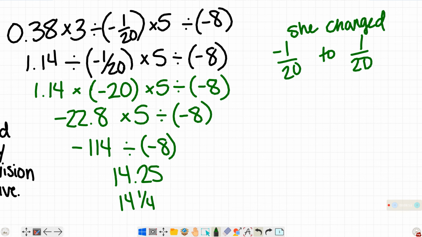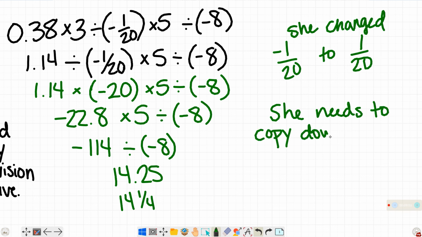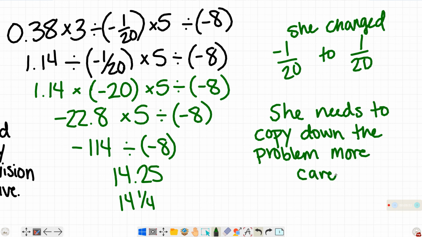And the way that she can avoid this mistake is she needs to copy down the problem more carefully. These minor details are really important because they can change your answer pretty drastically. So it's important to keep even the little tiny details the same. You got to be very careful when you copy down the problem.